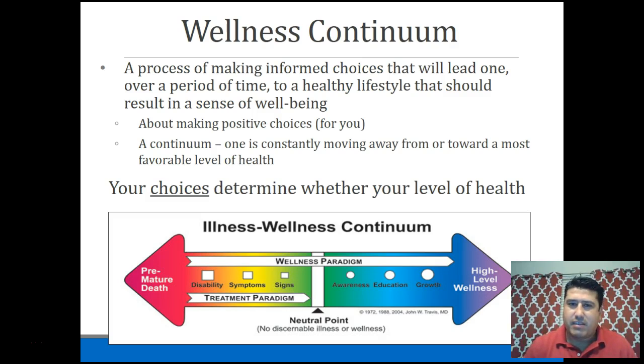But again, let's say that this person just decides, you know what, I'm already halfway dead, might as well just keep living life and trying to enjoy myself. And they don't change. They keep engaging in those same negative lifestyle habits. And they keep going down the premature death end of the illness-wellness continuum, the illness end of the continuum.